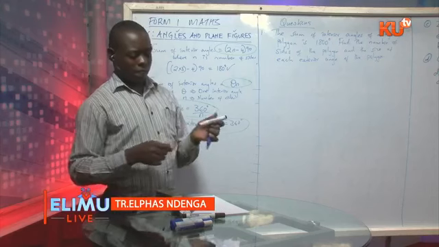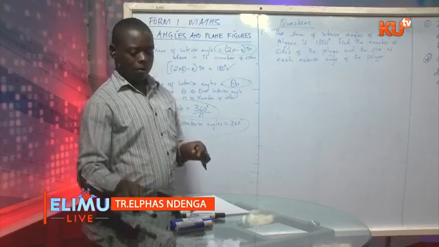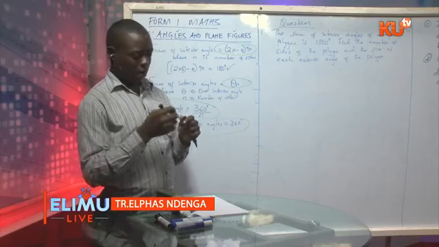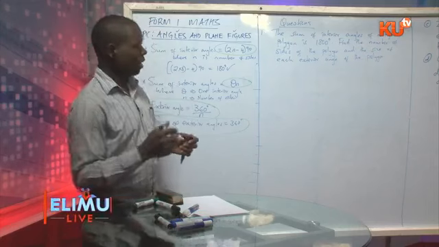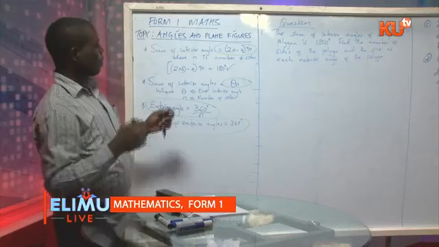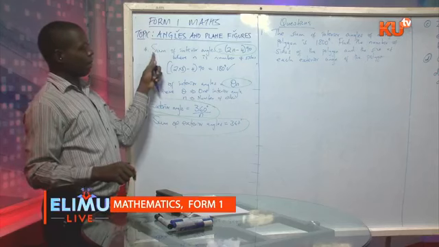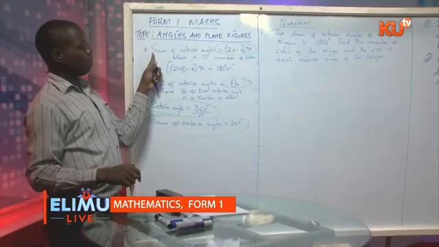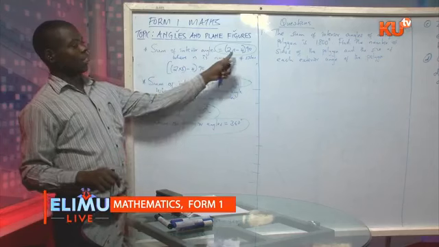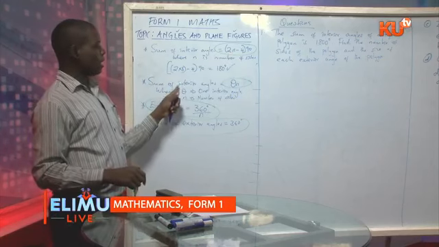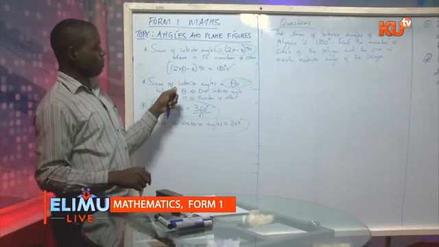With the basics we've discussed, I believe wherever you are, you can work it out on your own. However, let's work it together. This is the formula, that the sum of interior angles is this. But in this case we cannot apply the number 2 formula.